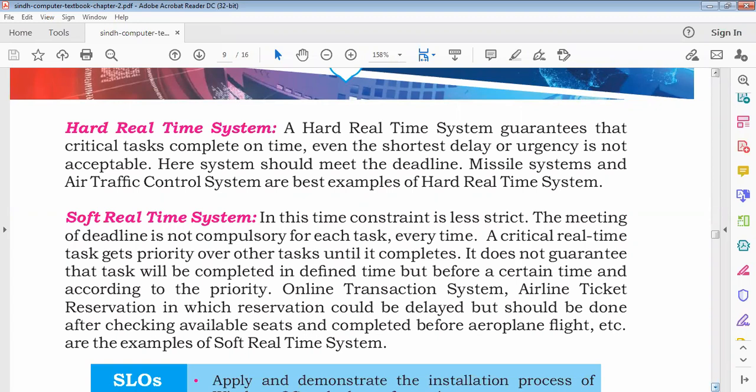For example, reservation of tickets needs to be done before the aeroplane flies, but it is not that necessary, it can take some amount of time. So that is called a soft real time system. And this was the last operating system type.